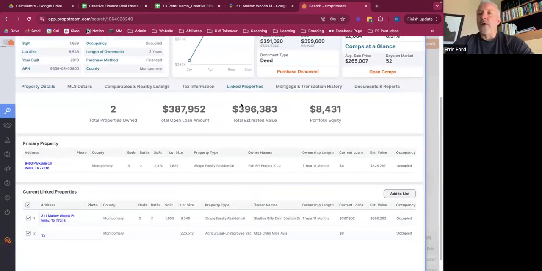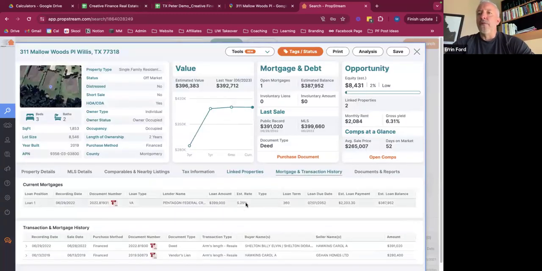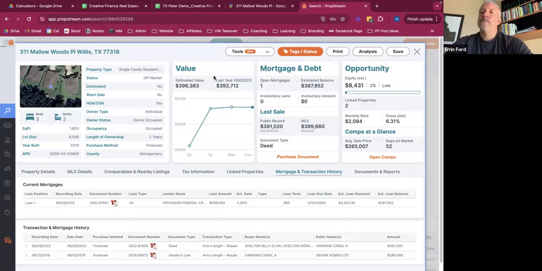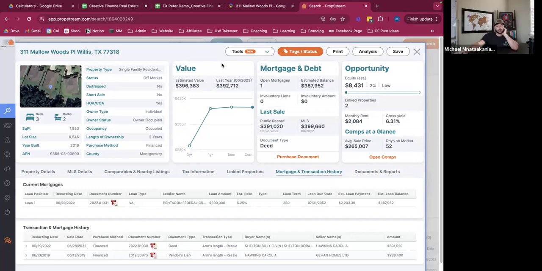Michael, in your opinion, is Propstream the best tool for gathering this kind of data that's out there? It's the best estimate until you can get the real info from the mortgage statement. All you can do is just use the best estimates from my experience. Could there be better tools out there? Sure.